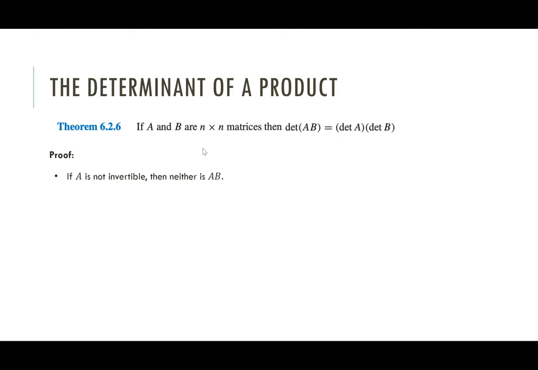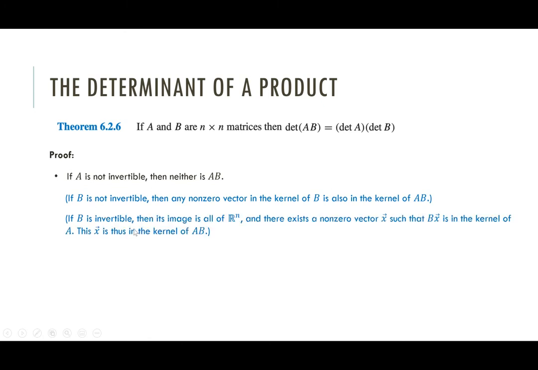So why is this true? I think your book says something like, think about the image, but I'll go into a little more detail. First, assume B itself is also not invertible. Then, if you have some non-zero vector in the kernel of B, that's also going to be a non-zero vector in the kernel of AB, and so AB won't be invertible.